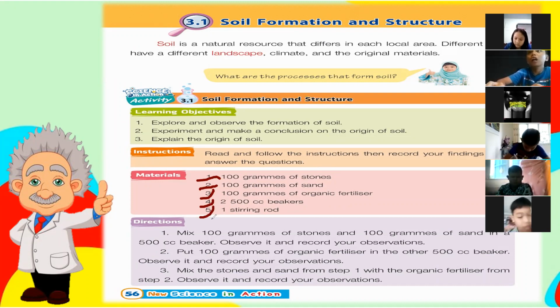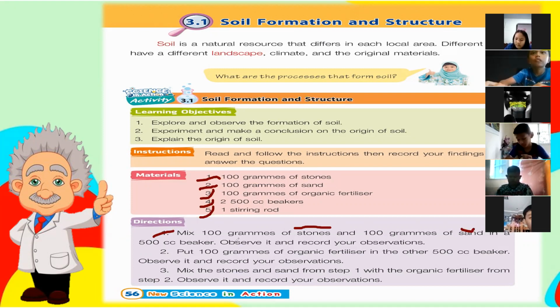And the last one, we require one stirring rod. These are all the materials we require to perform the experiment. So number one, what we are going to do, we are going to take 100 grams of stones, right? And 100 grams of sand.